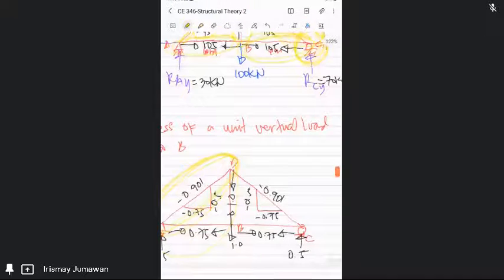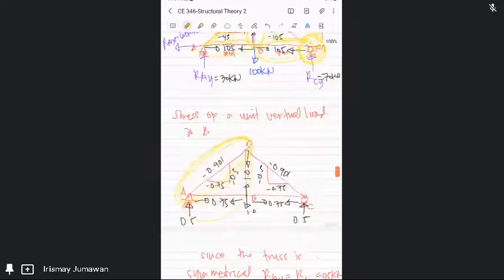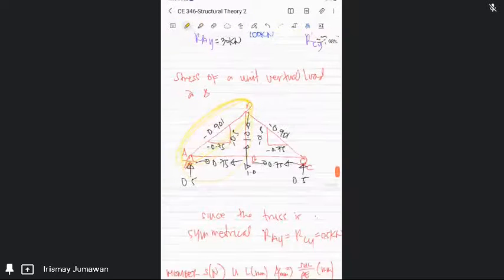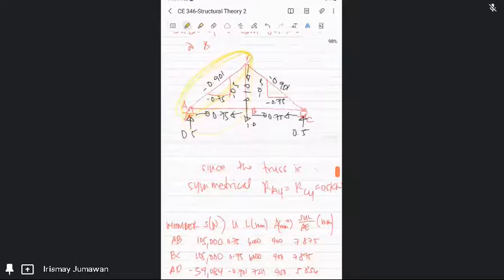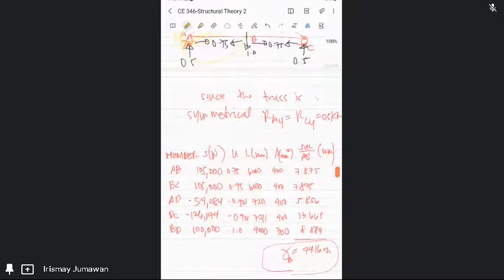So, ibasa ninyo tanan. I hope nakakuha mo. Okay, human na to is we have to tabulate. So, here, this is the tabulation. I-tabulate ninyo ang member, ang stress, ang unit load, ang area.